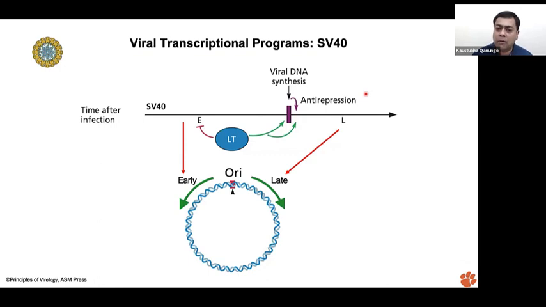So somehow, carefully understand that this L region of the DNA is repressed by some factors. When the viral DNA synthesis occurs, with an increase in the genomes, more and more copies, those repressors are removed by some means, and usually by competition, which we are going to see next.